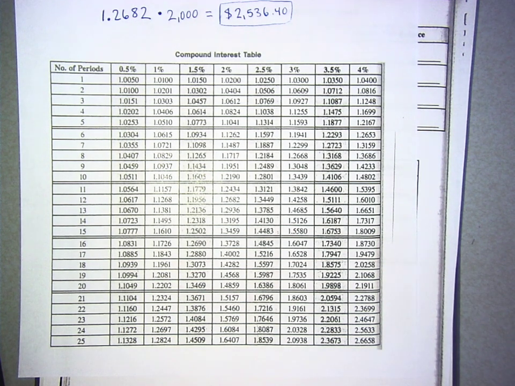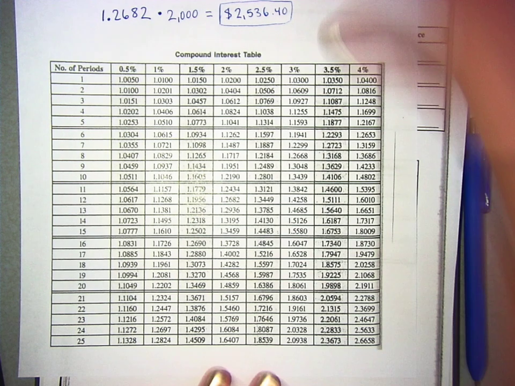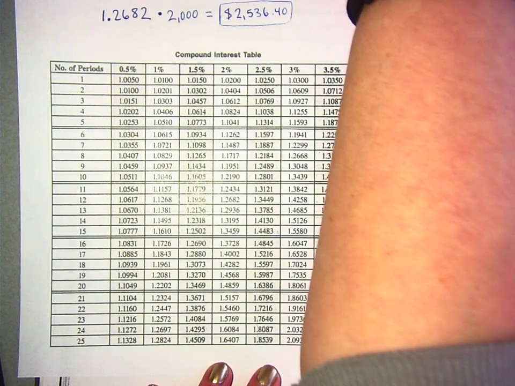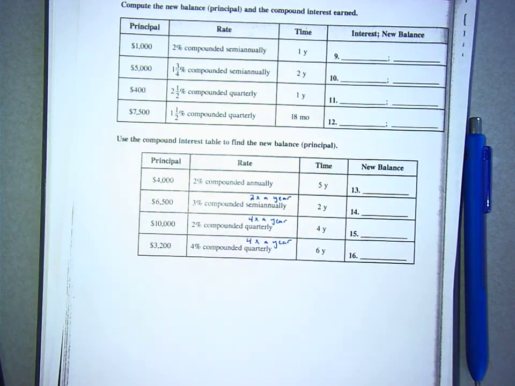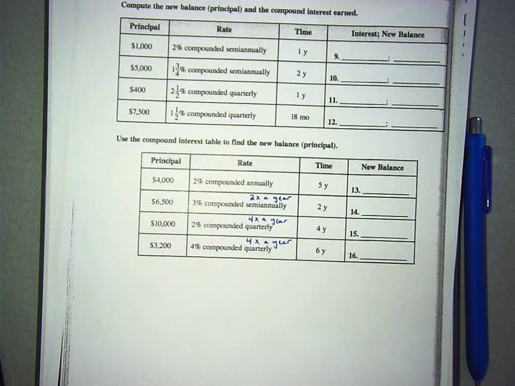Everybody understand? Beautiful. All right, so right now you've got a couple minutes. Why don't you just quickly run through doing these bottom 4 questions using this table. If you're struggling, call me over.